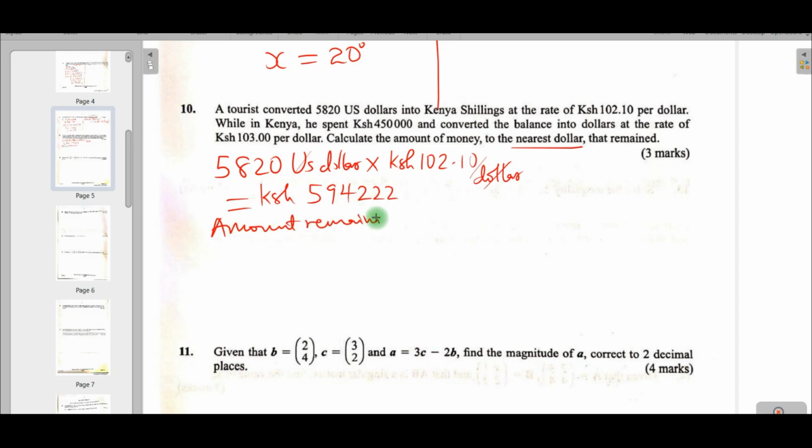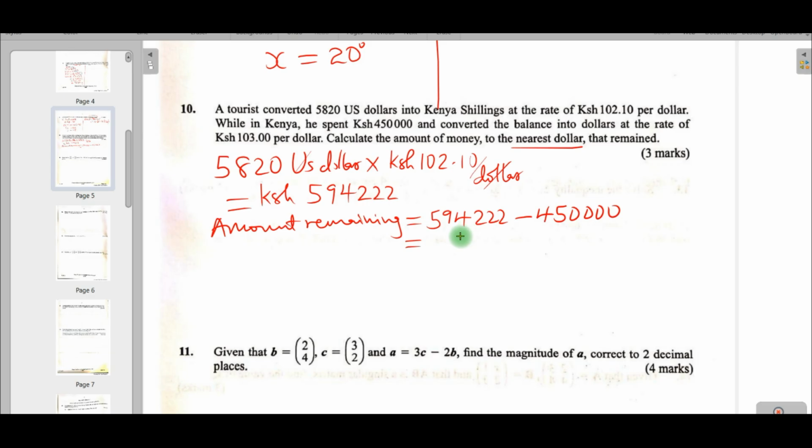So the amount that remained, while in Kenya he spent 450,000. So that balance was converted at the rate of 103.00 per dollar. So the amount remained while in Kenya is that amount he had converted, so that is 594,222 minus what he had spent.